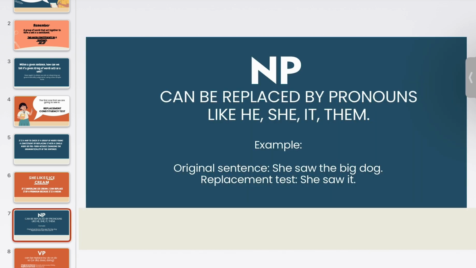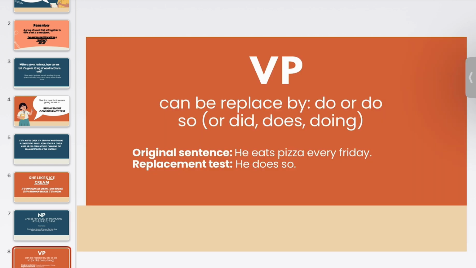In the noun phrase, you should pay attention to the pronoun, whether the noun phrase is a thing or a person. Here, you should look at the verb, whether it is in past, present, or present progressive. In that way, we are going to replace the VP.